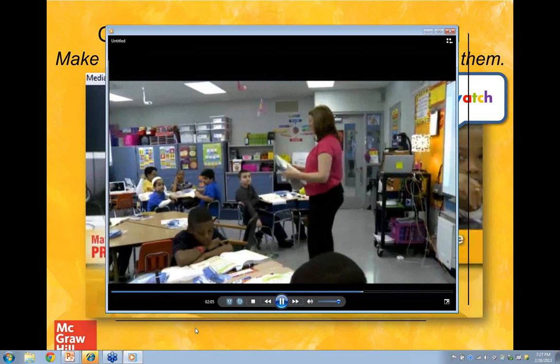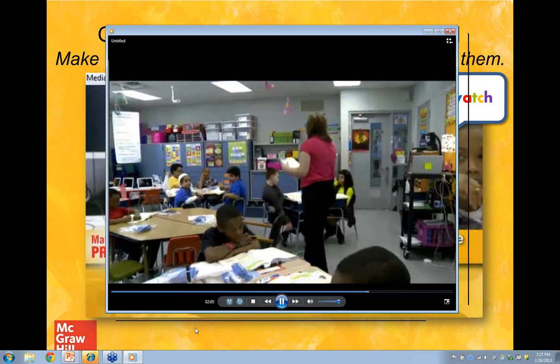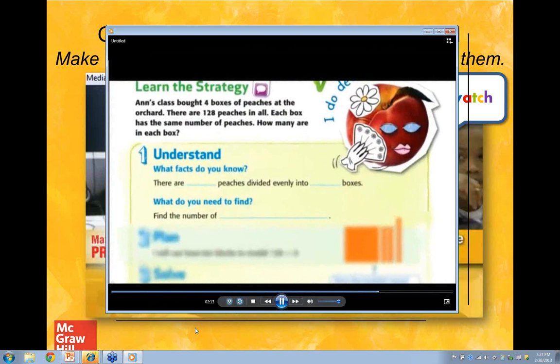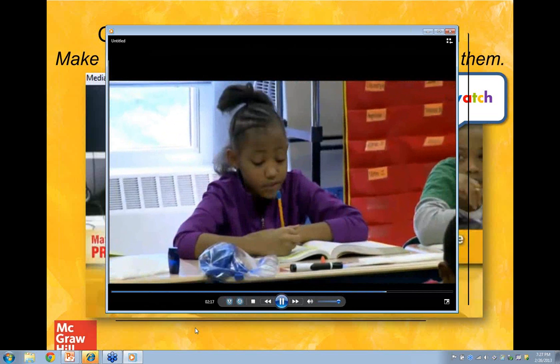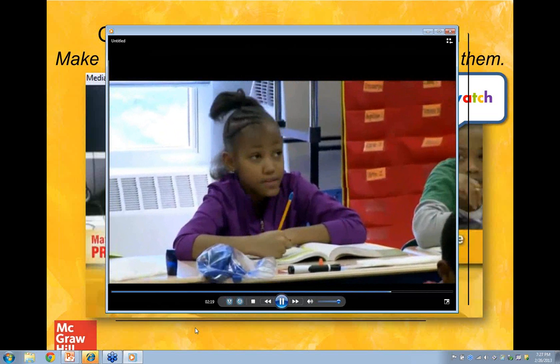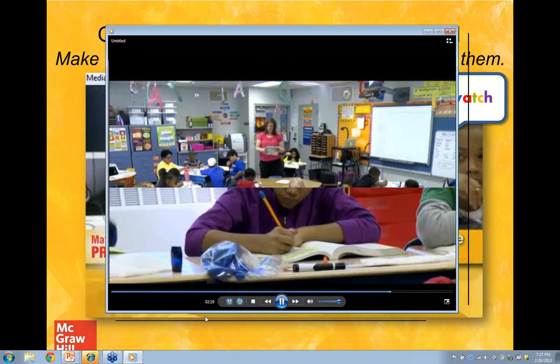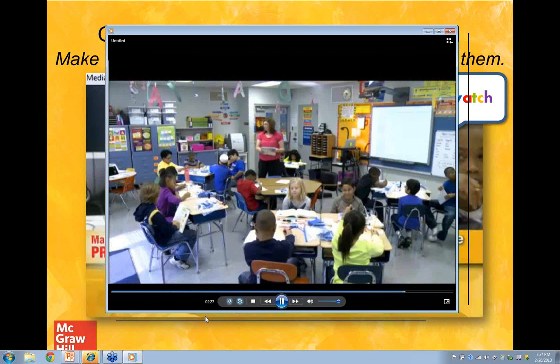Okay, so now we can actually go to problem number 1 in our book where it says understand. What facts do you know? There are blank peaches divided evenly into blank boxes. Krista? There are 120 peaches divided evenly into 4 boxes. Excellent. So there are 128 peaches divided evenly into 4 boxes.